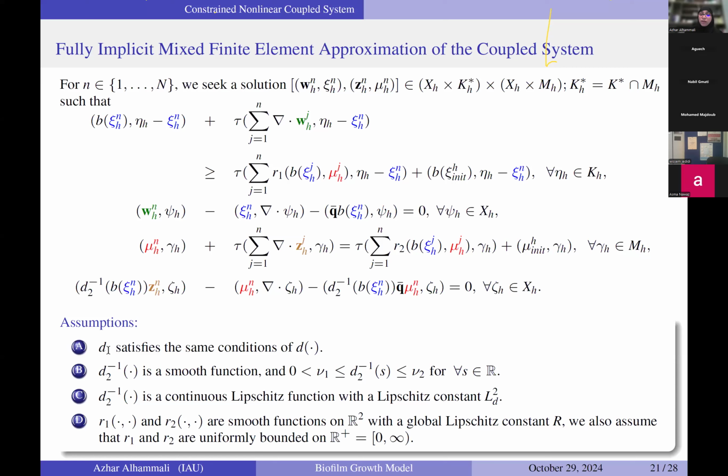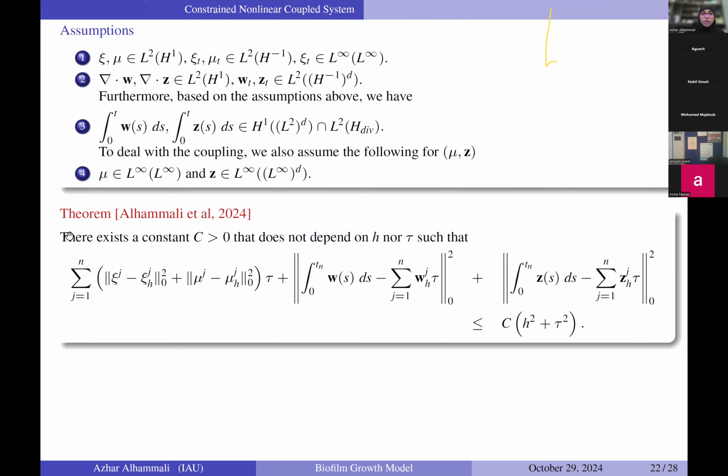Both the biomass diffusivity and nutrient diffusivity have to be bounded from above and below, away from zero. The inverse of the nutrient diffusivity is a Lipschitz continuous function, and the reaction terms are smooth functions on R2 and uniformly bounded. And also we make use of these assumptions for the solutions, which are these.